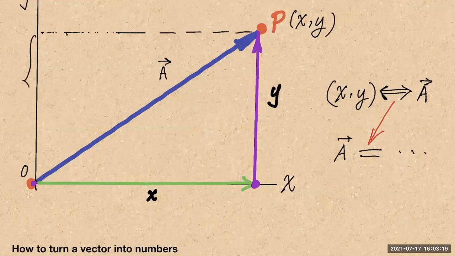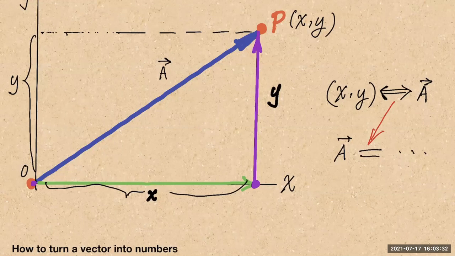This length, as you know, is y. And that length, as you know, is x, right? That's what coordinates x and y really stand for. So therefore, as far as this green vector is concerned, it has a magnitude of x. It's got an orientation along the x-axis.